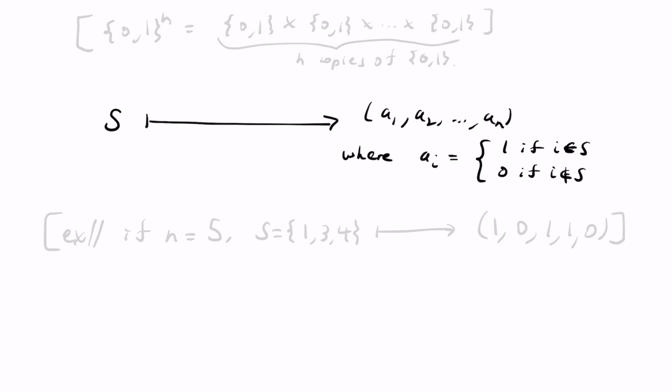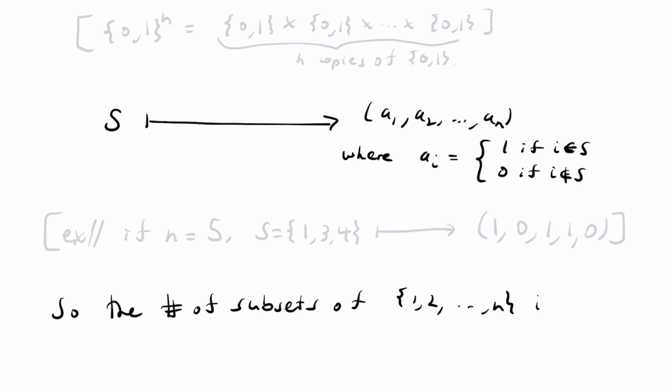So the number of subsets of the set {1 through n} is the size of this n-fold Cartesian product, and this is the size of the set.